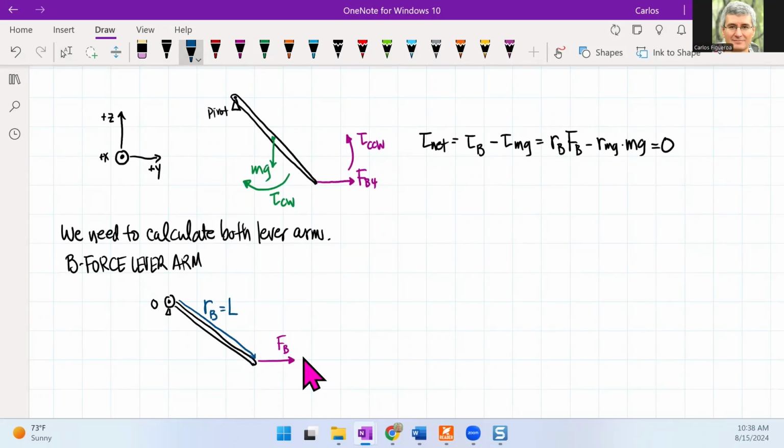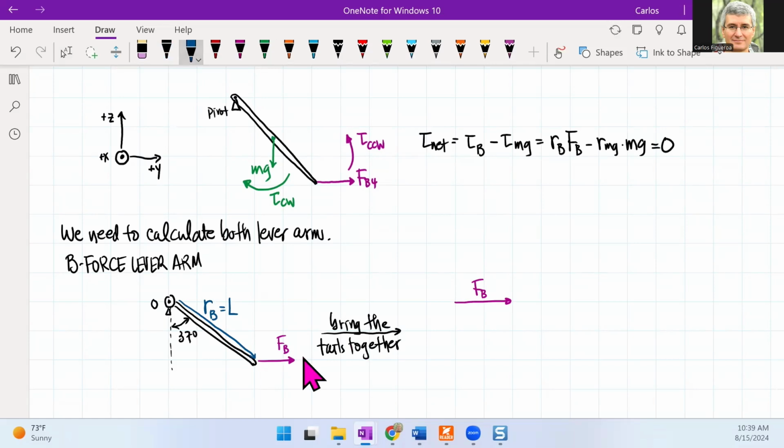And this guy has the full length of the flag. But note, we know something about the angle. This is 37 degrees. So the first thing that we need to do here is that we need to bring the tails together. So if I bring the tails together, you're going to see here is that I have a magnetic force like this.